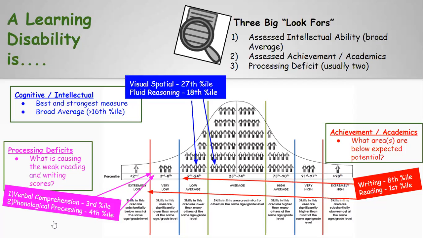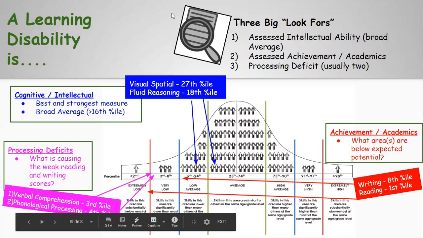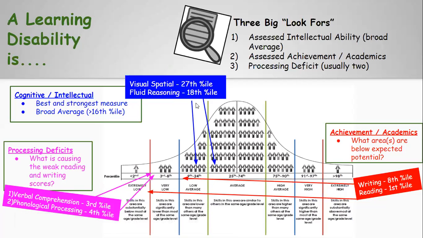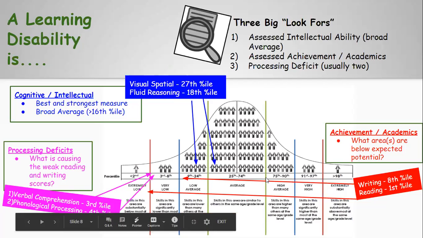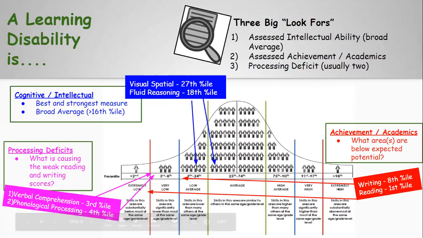Okay, so if we look here at these cognitive areas, we can see that the visual spatial scores are within a broad average range. So the average range is from the 25th to the 74th percentile, but examiners will sometimes stretch that out to around the 16th percentile in order to call one of the cognitive measures an average score.